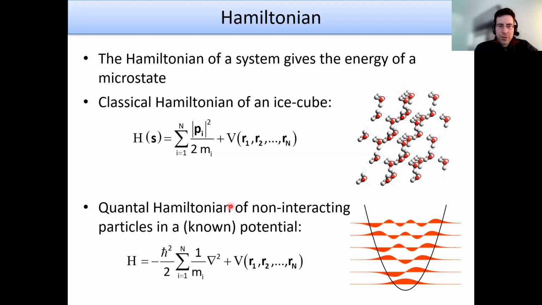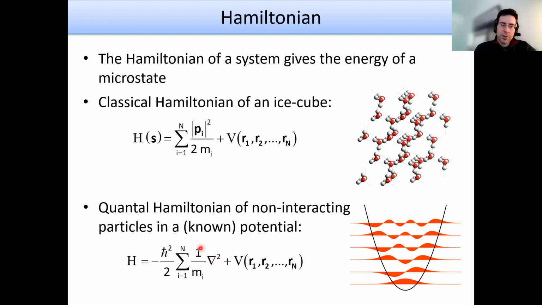So this is a classical Hamiltonian, and then for the quantum Hamiltonian, for particles that are non-interacting, we have something like this. Again, the kinetic energy term, and of course in quantum mechanics we have operators, so the kinetic energy is expressed as an operator that operates on the wave function.